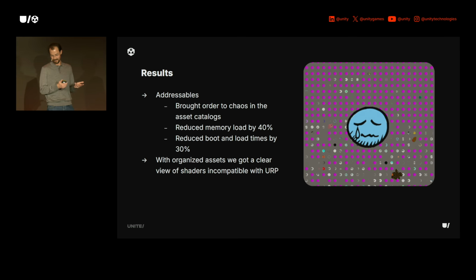And they had been created with node-based shader tools that resulted in code that wasn't easy to read or maintain. So instead of recreating these shaders manually, which would have been very time-consuming, we decided to explore the use of AI. So we had AI sort of translate a lot of these shaders into URP-compatible versions. And we were really happy with the results we got out of that.